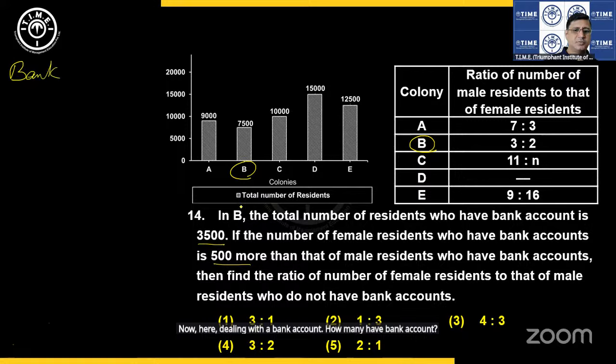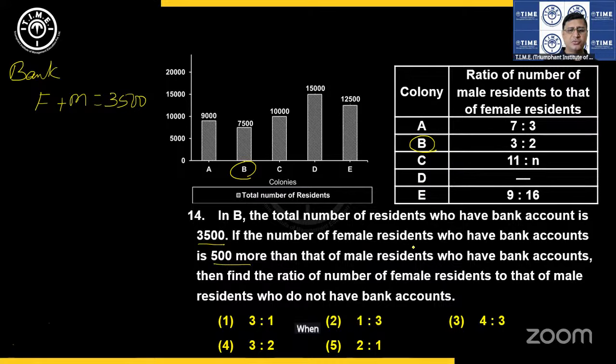The number of females and the males. The total number of residents who have a bank account is 3,500. When it comes to the second condition, female residents are 500 more than the male residents. How many males and how many females?